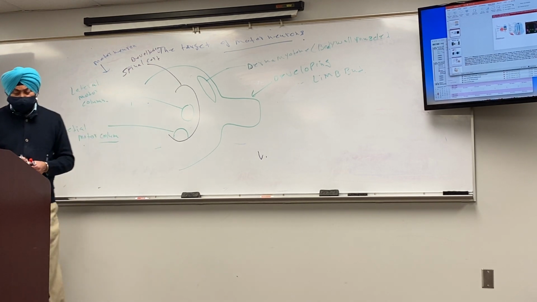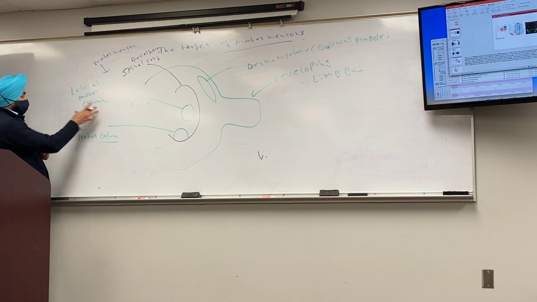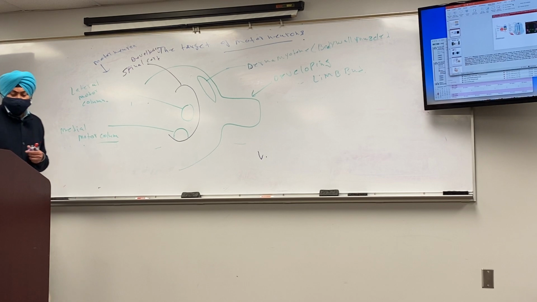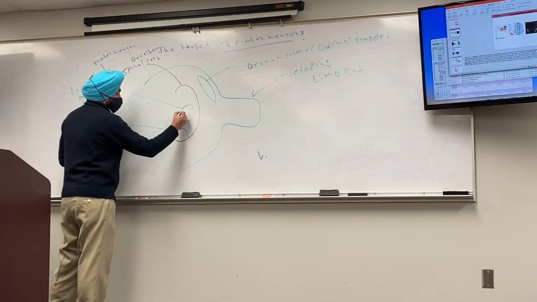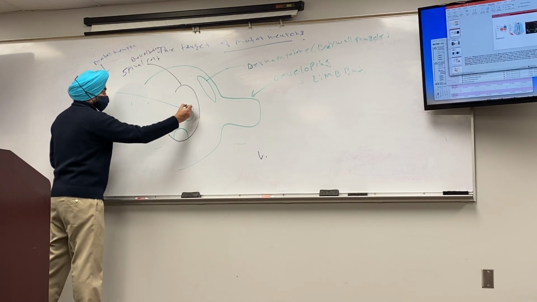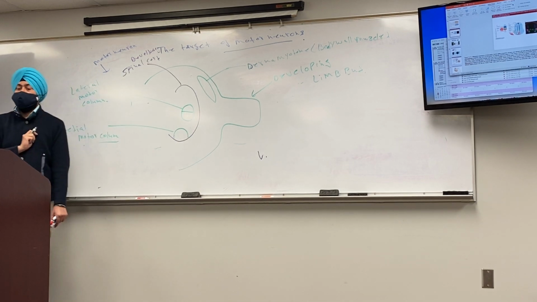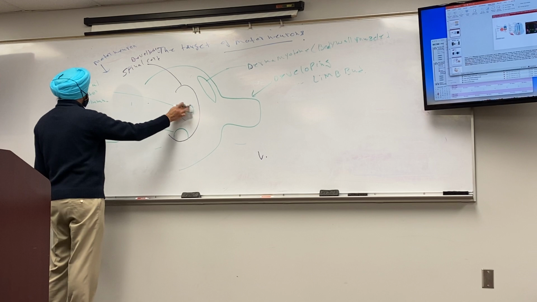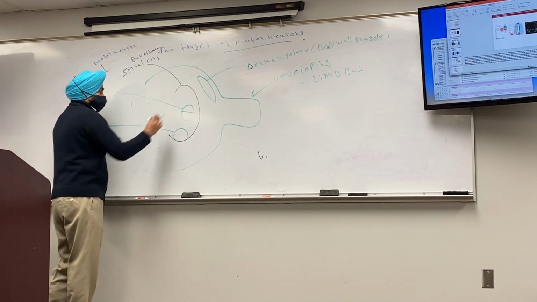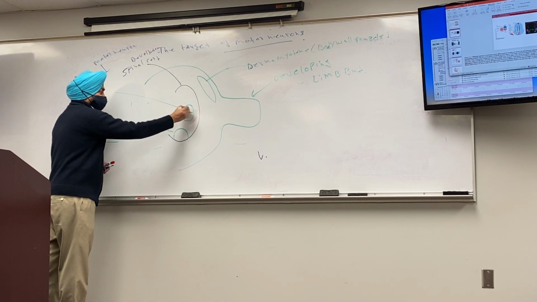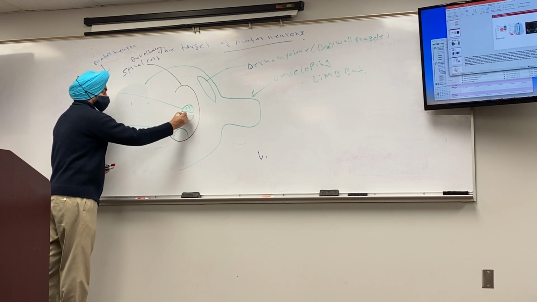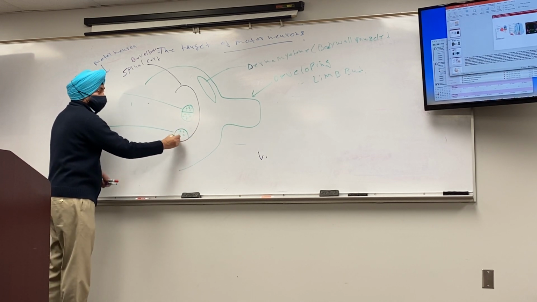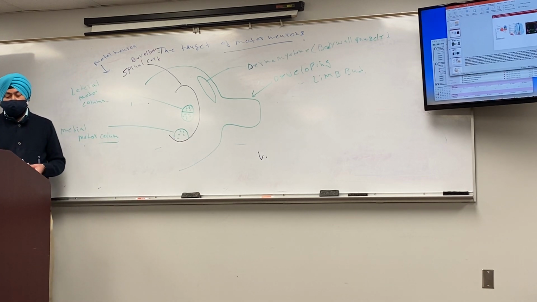Now, this lateral motor column actually has two subdivisions. It can be divided into two areas, this area here and this area here. We will have motor neurons here, all motor neurons everywhere.